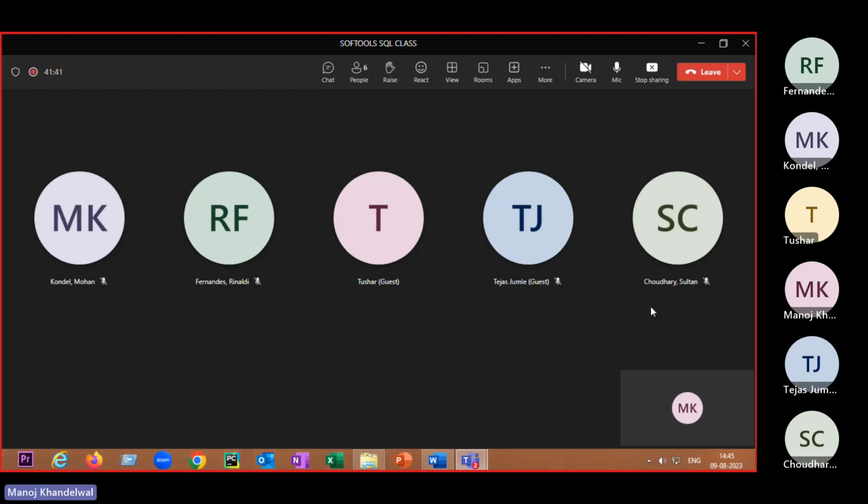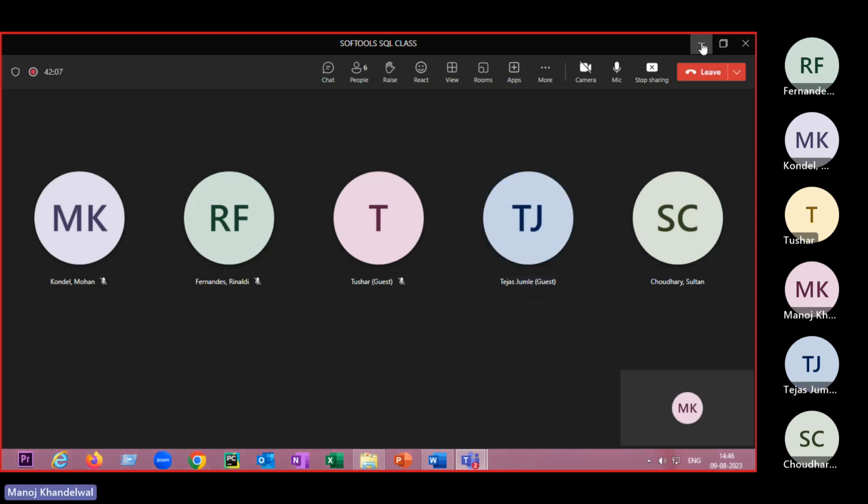Sultan, what does JSON stand for? Sultan, can you hear me? Yes, sir. I didn't really recall it. It's for JavaScript, but not the N part of it. Mohan? JavaScript Object Notation, sir.